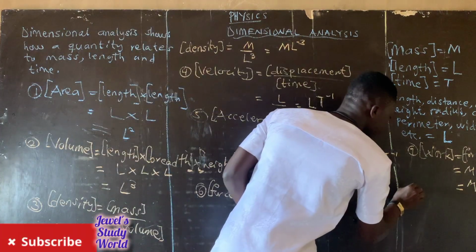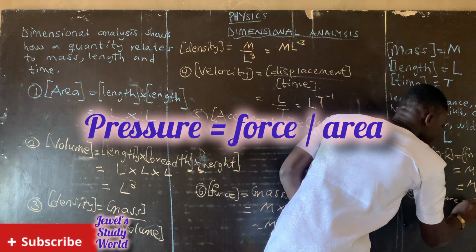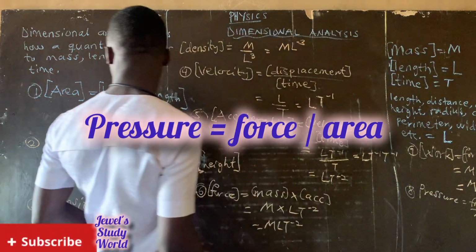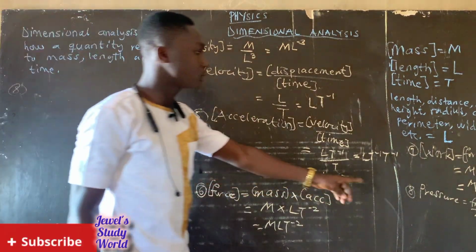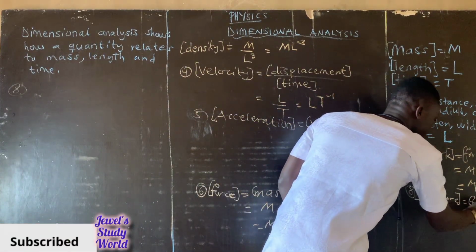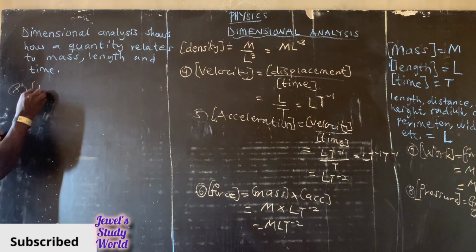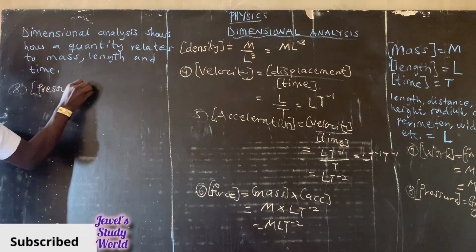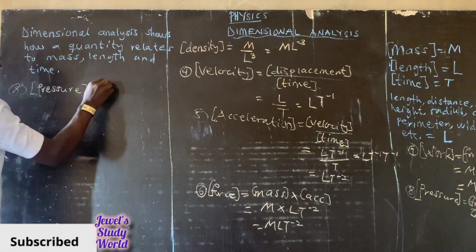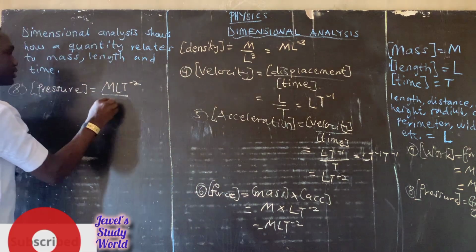Let's continue with pressure. Pressure is equal to force over area. So the dimension of pressure is equal to the dimension of force over the dimension of area. The dimension of force is MLT negative 2, and the dimension of area we know is L squared.